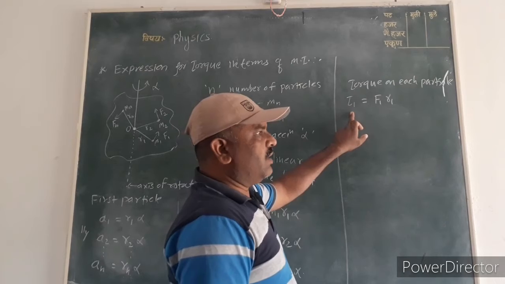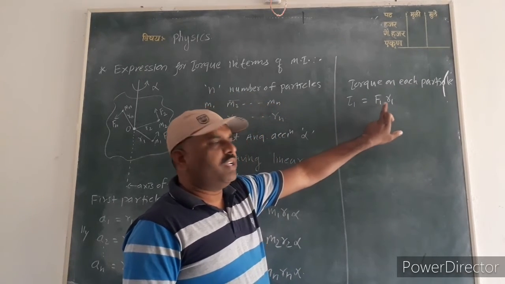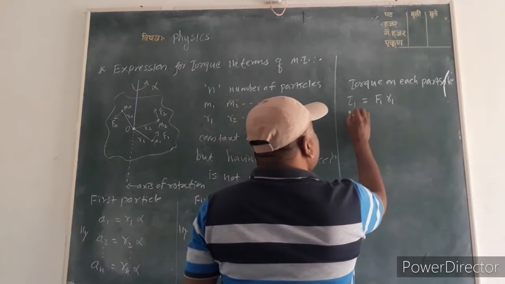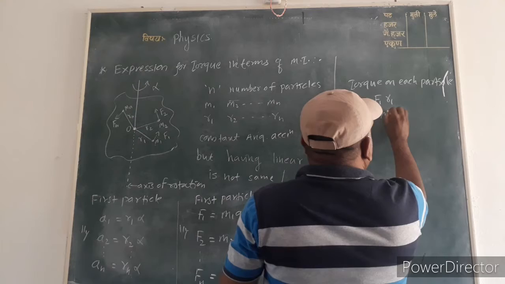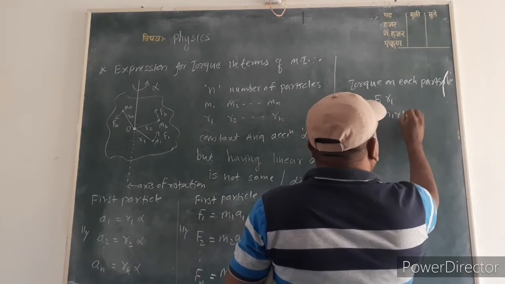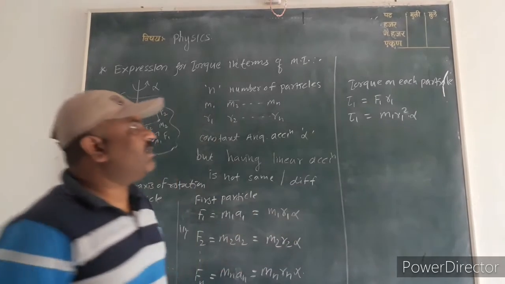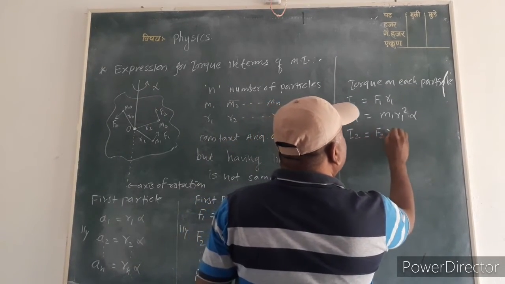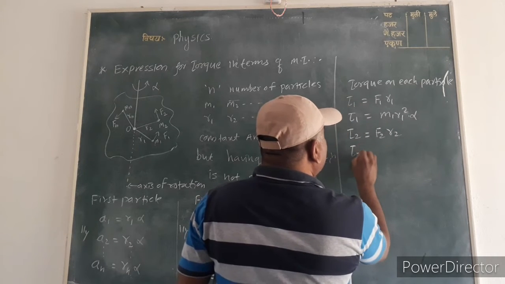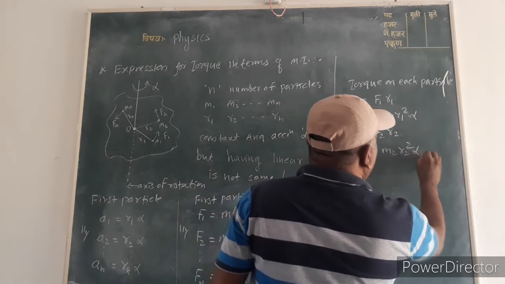Therefore, using the value of F1, τ1 is equal to m1 r1 square alpha. For the second particle, τ2 is equal to F2 r2, which is m2 r2 square alpha.